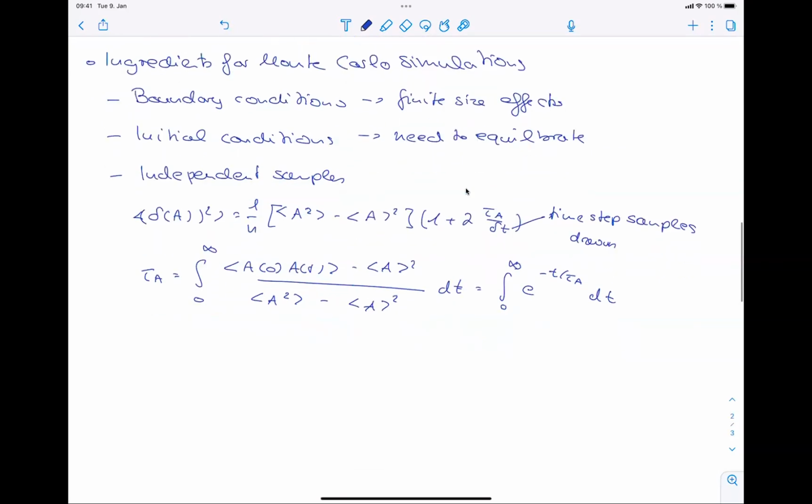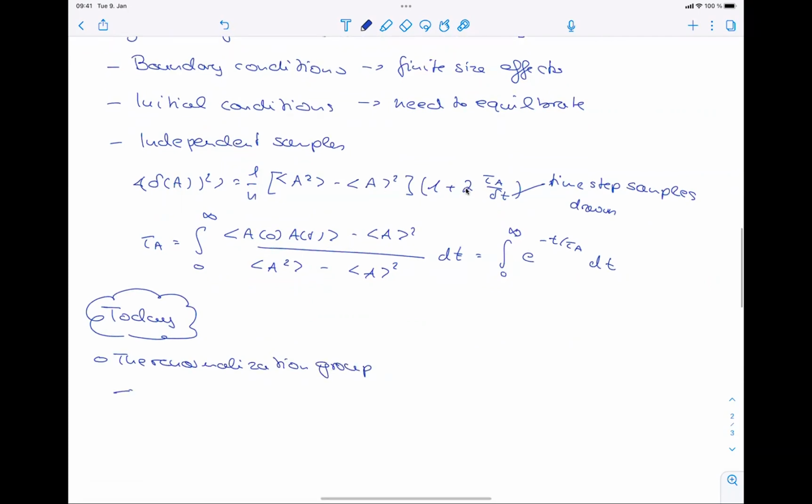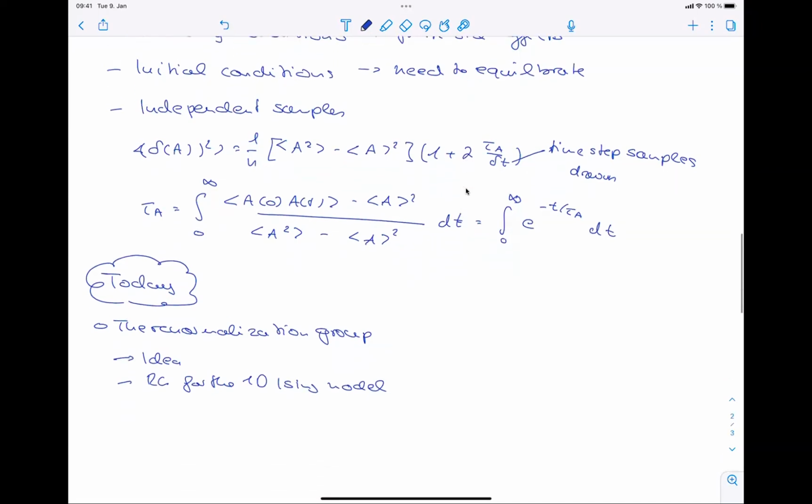Okay, so that was last week, and today we're going to start into the renormalization group, where we're going to first talk about the idea and then look at RG for the 1D Ising model, which is to explain the concepts in, again, the simplest case there may be.